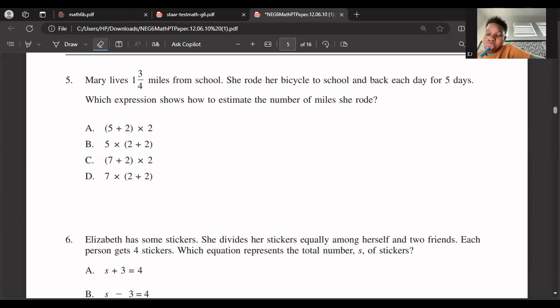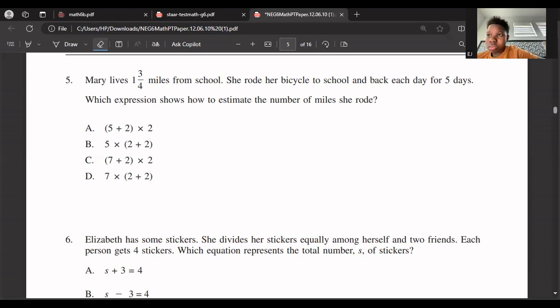Okay, let's take it this way. It says Mary lives 1 3/4 miles from school. She rode a bike to school and back each day for 5 days. Which expression shows how to estimate the number of miles she rode? How to estimate. Okay, this is pretty simple.